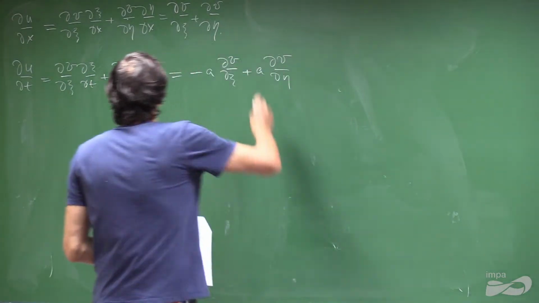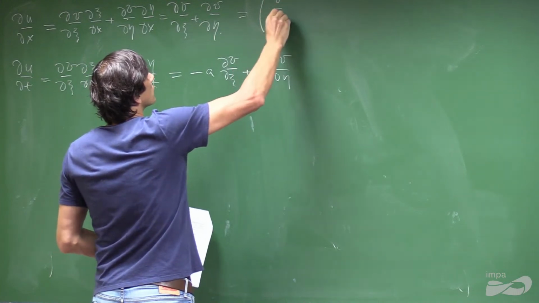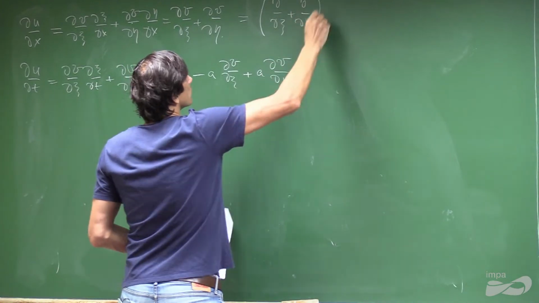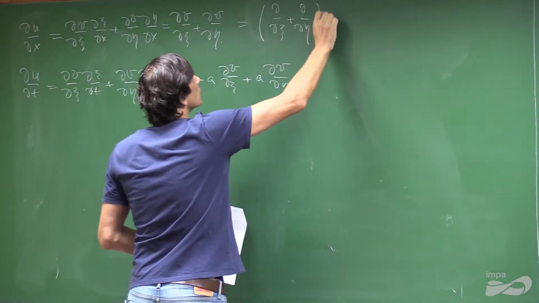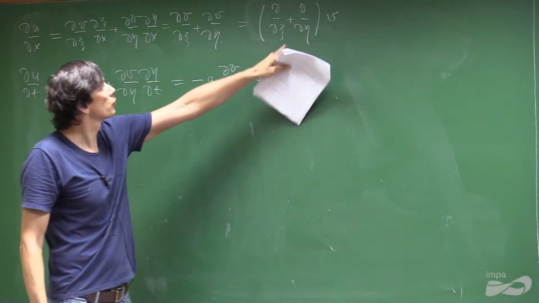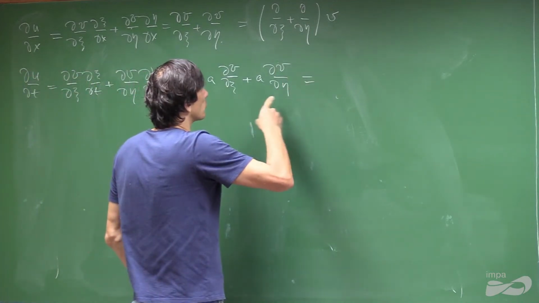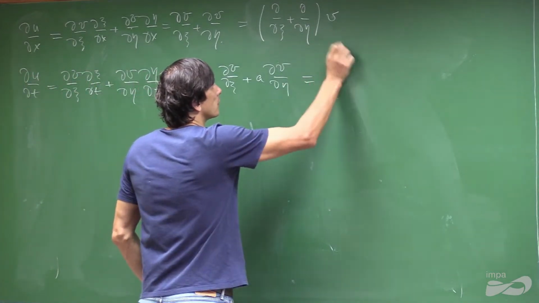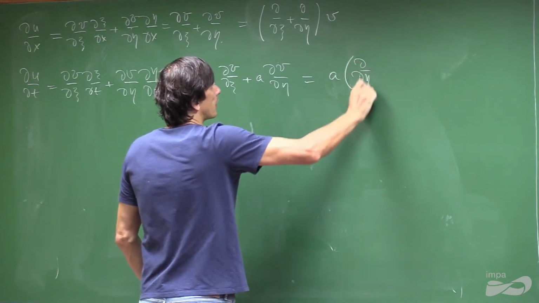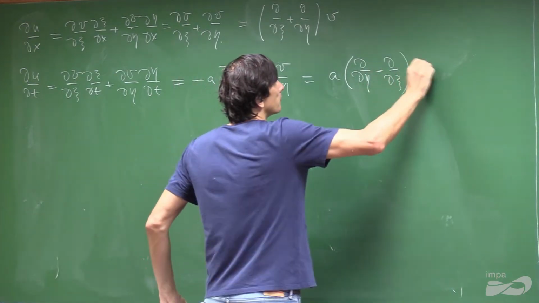Now it's more convenient to write this expression in a compact form, putting the derivative outside, so it will be a times d eta minus d xi, just changing the order, applied to v.